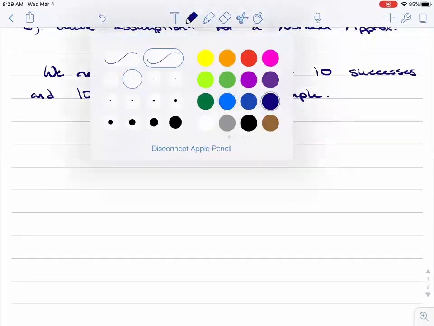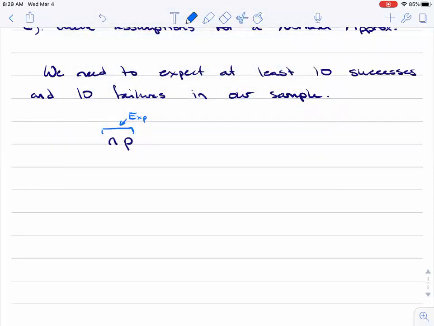Expected number of successes, right? So we can calculate n times p and just make sure that it's larger than 10. We can even say larger than or equal to, it's pretty flexible. If it's equal to 10, maybe use some caution, right? But generally these numbers are gonna be really big, and so it's not gonna be a concern.